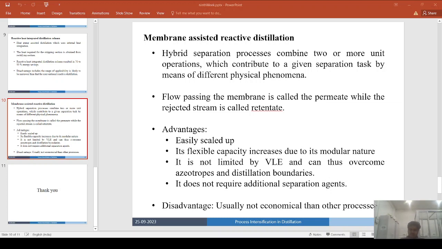Now, coming to the microwave assisted reactive distillation, or MWARD. The microwave assisted reactive distillation can be a useful alternative, using alternative energy forms in industrial esterification.